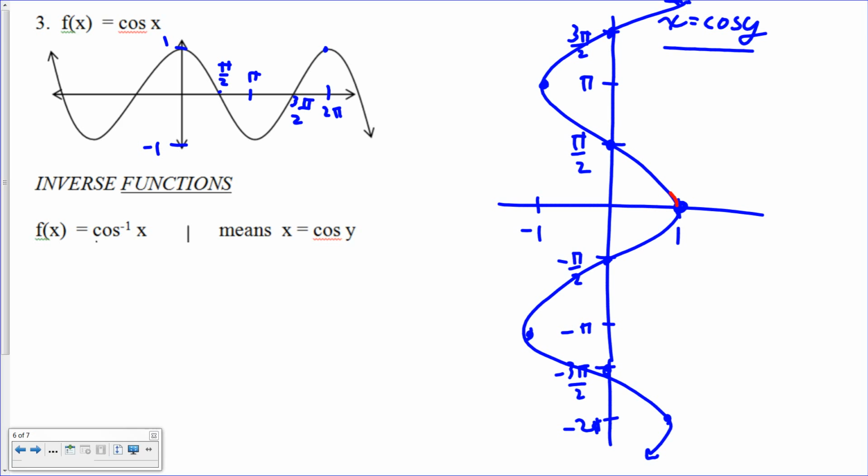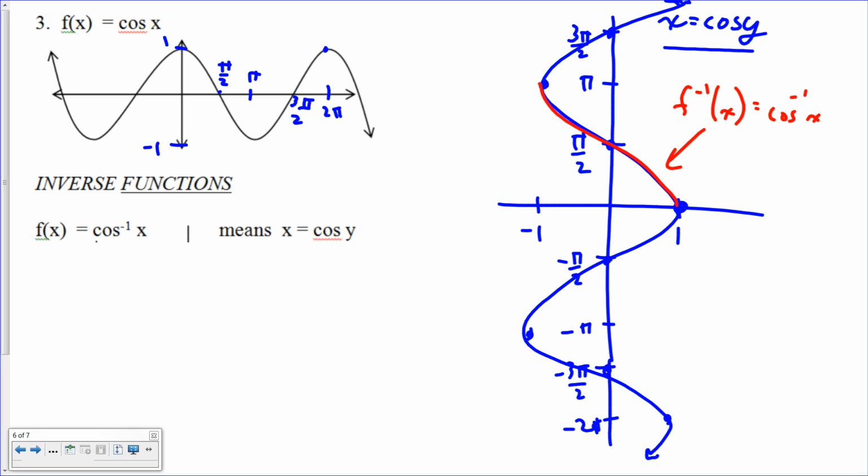And so if I start here and go to here, you're going to see that red line is going to indicate your f inverse of x, which is the cosine inverse of x. Why is that true? Because each x has exactly one y.